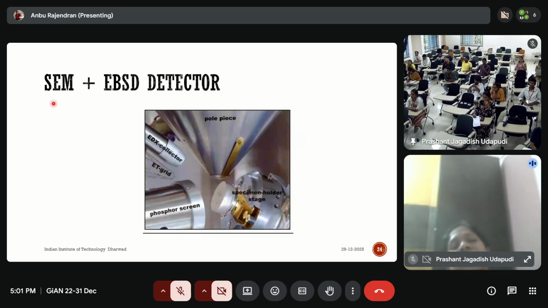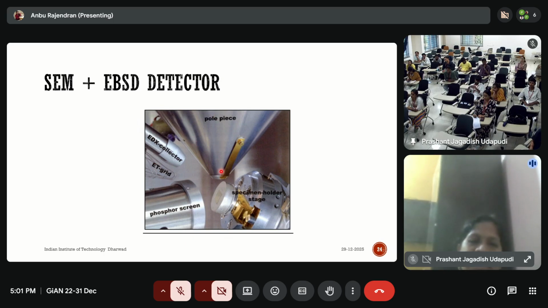As I mentioned about the EDS detector, in the same way a separate detector is available which can come with the SEM. You have to buy it additionally and attach it to the SEM machine. That detector is the EBSD detector, and it serves a different purpose. This is the inside chamber of the SEM.